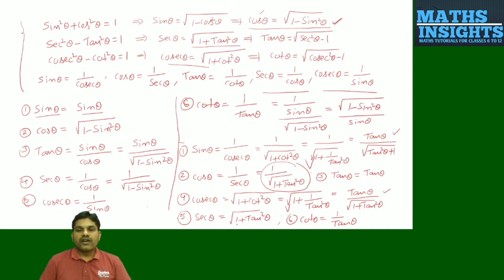Secant theta is converted into tan theta, and cot theta is also converted into tan theta. If you want, you may convert all the trigonometric ratios into a single ratio, whatever the single ratio may be. It may be sin theta, cos theta, tan theta, whatever the ratio may be, you can convert. These are very helpful in solving problems.